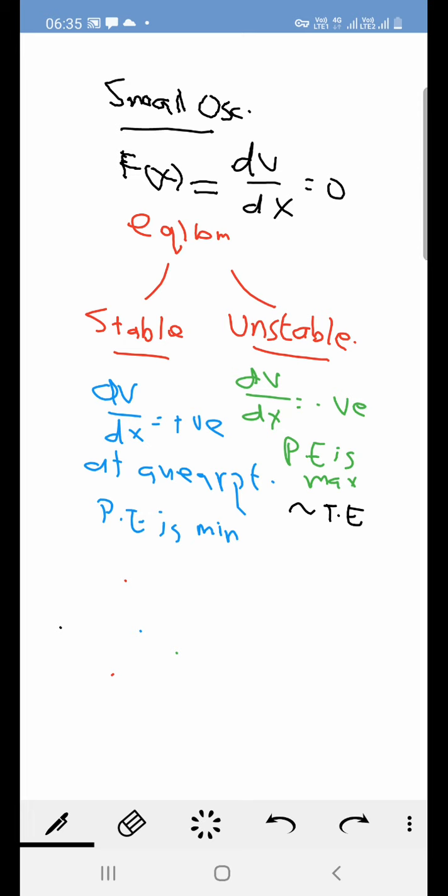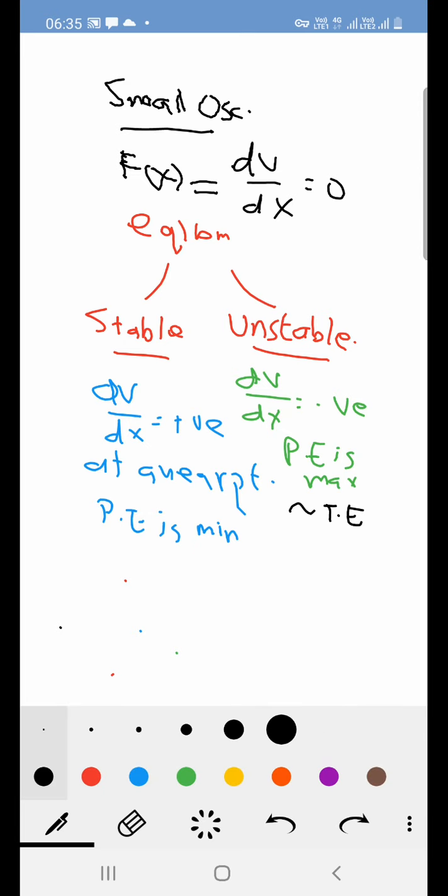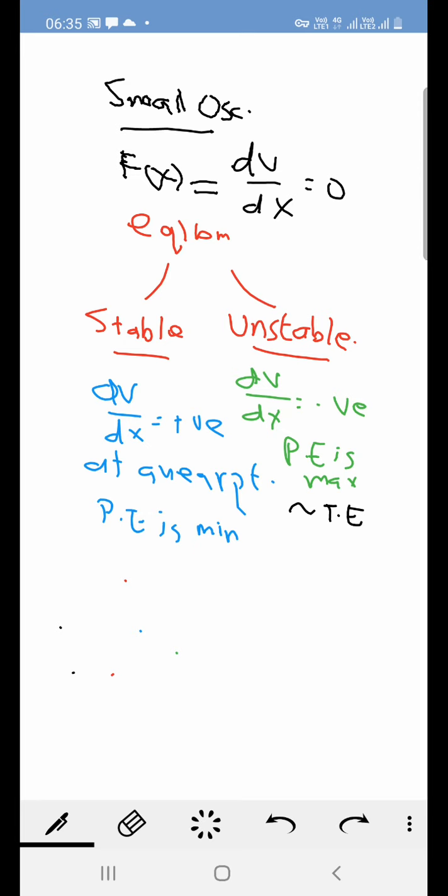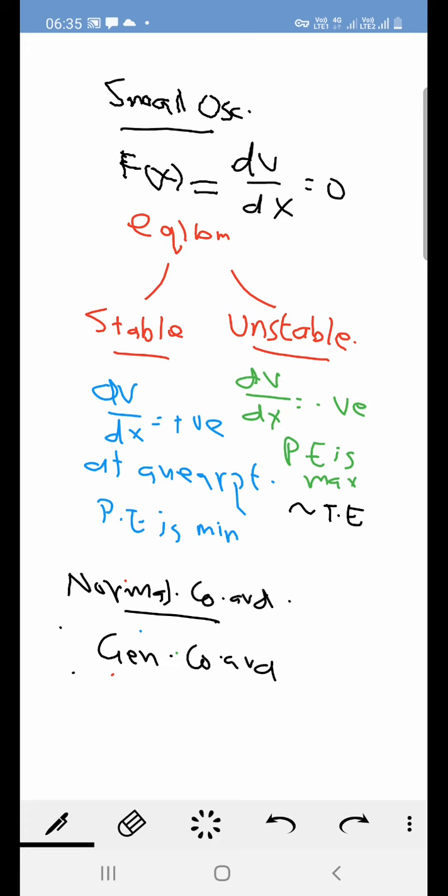Now, while discussing small oscillation, we need to understand the concept of normal coordinates. Normal coordinates are the generalized coordinates where each of the coordinates is oscillating at the same frequency, and then they are called the normal coordinates.